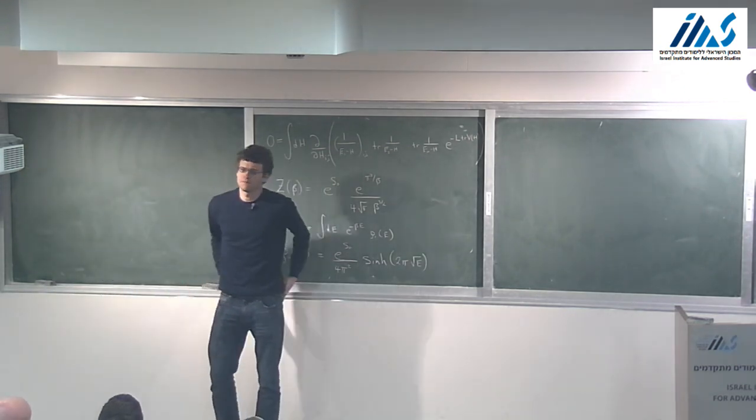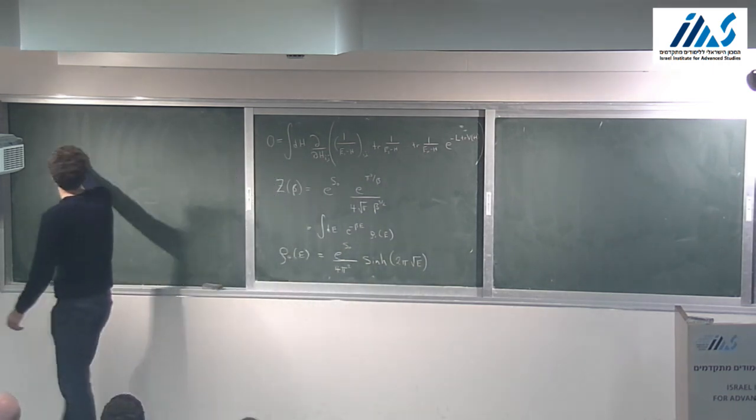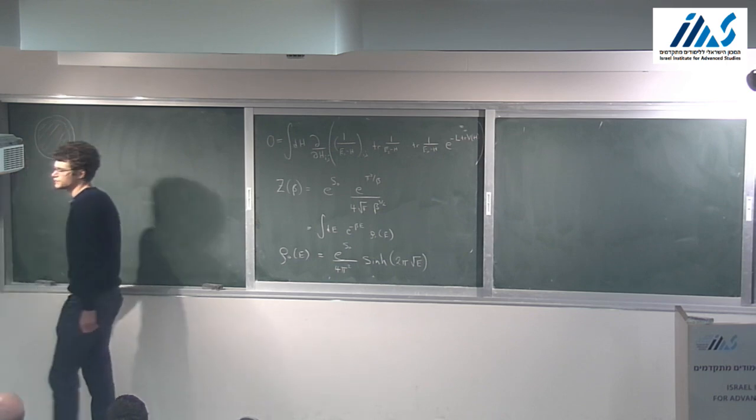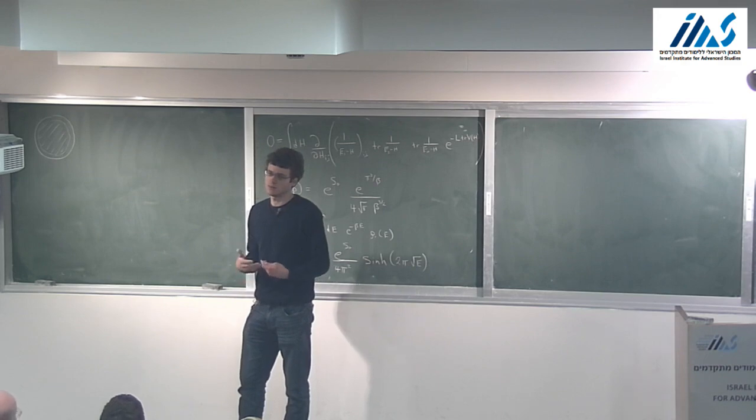So we discussed this disk contribution in JT gravity, and we discussed another contribution involving two boundaries. But to make our life simpler, what we're going to focus on, at least to begin with, are the computations in JT gravity of single boundary quantities.